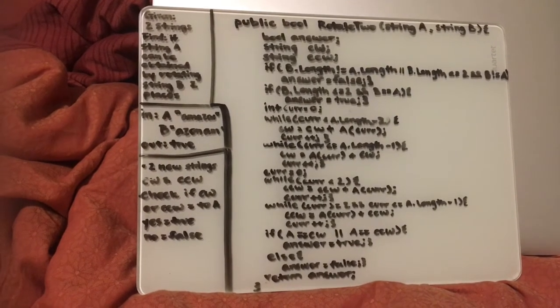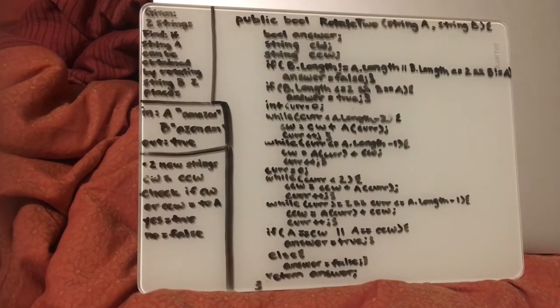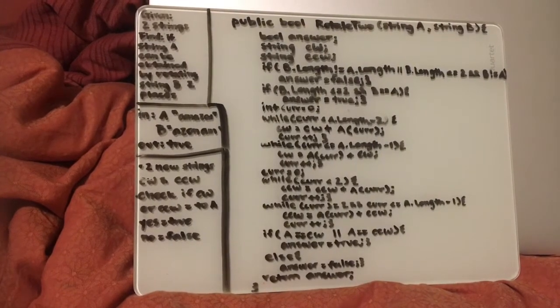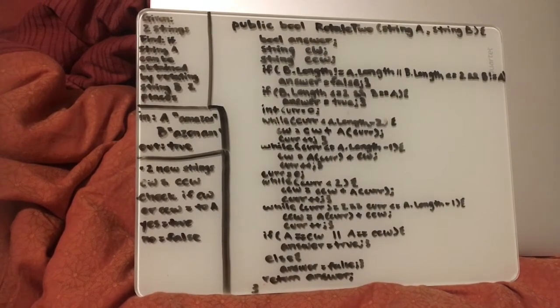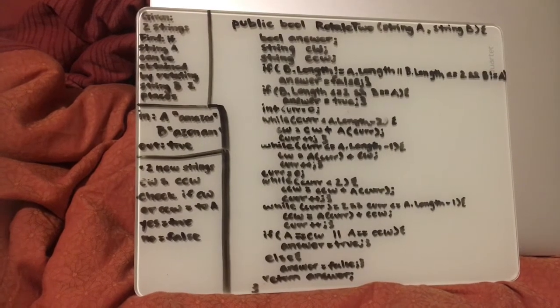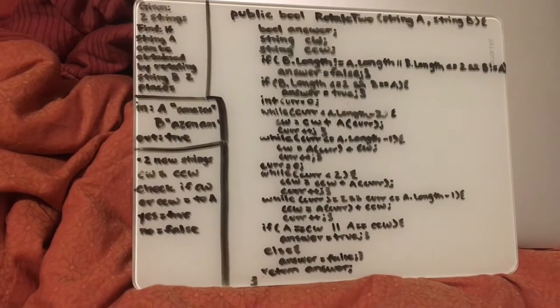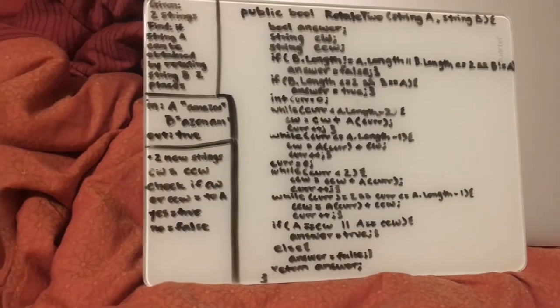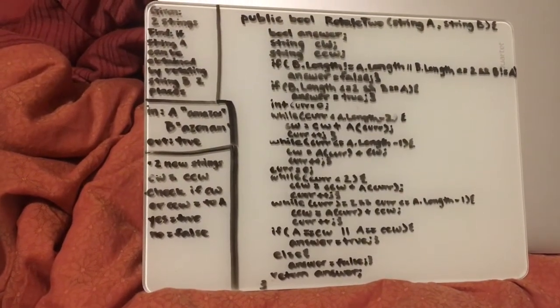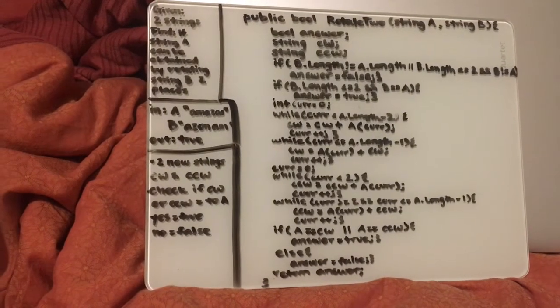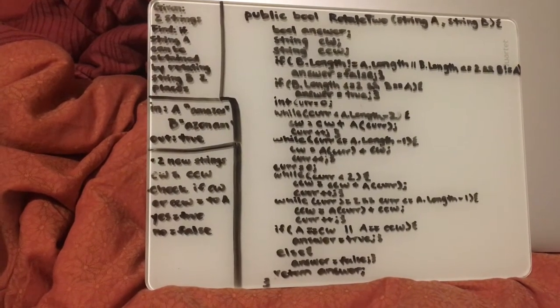If B length is less than or equal to 2 and B is not equal to A, so let's say the strings are AX and BY, there's no way those can be rotated so that they're the same, so we will return false.